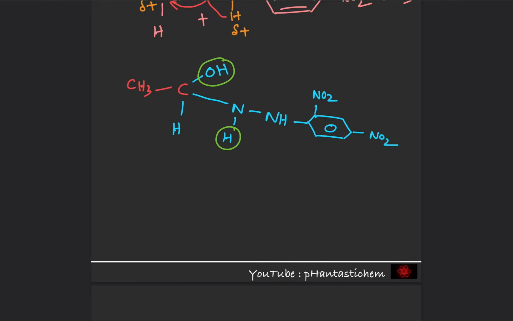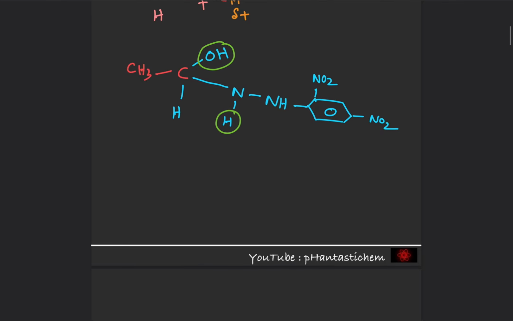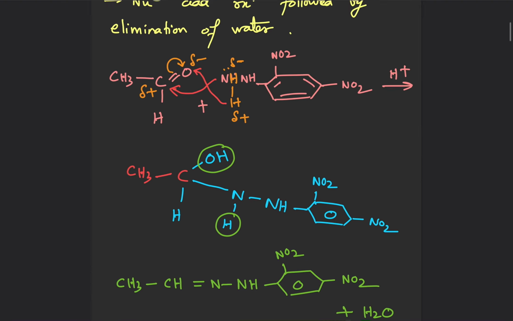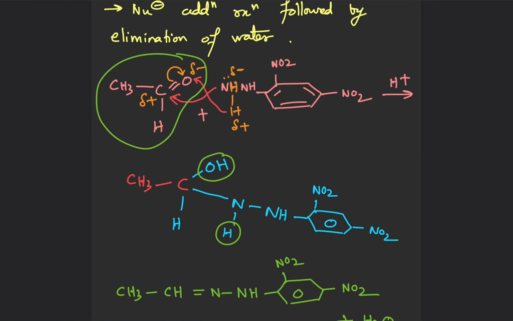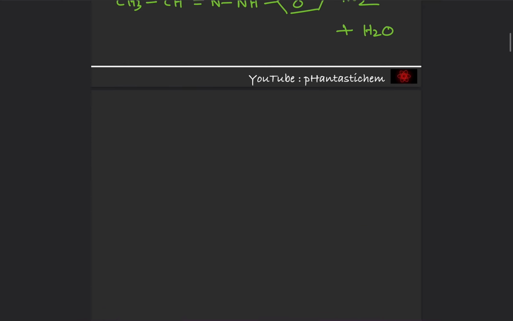So the final product is CH3CH=N-NH-benzene ring with NO2 and NO2. These are known as DNP derivatives, and obviously a molecule of water. This was an example of an aldehyde. Similarly, ketones also react with DNP.